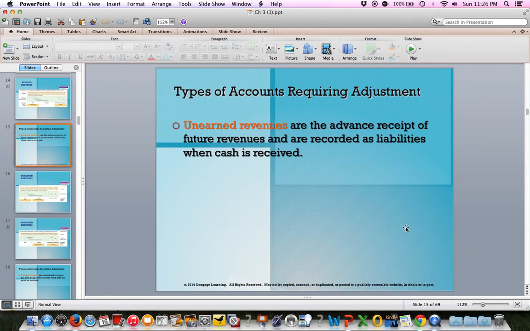Another type of adjusting entry is called unearned revenue. It says it's the advance receipt of future revenues and is recorded as a liability when cash is received. I can give you a really good example of that. I've been in my house for 15 years. We bought it brand new, but with no yard. So basically we had a very nice house and no landscaping and no yard.